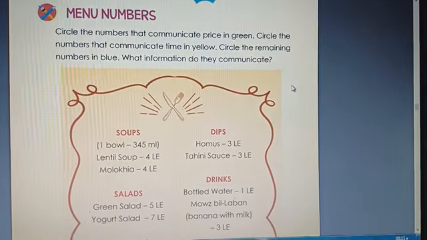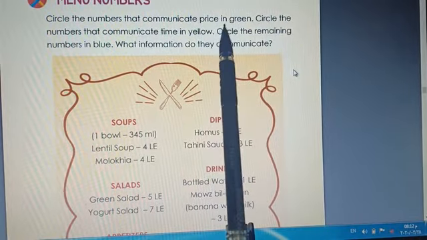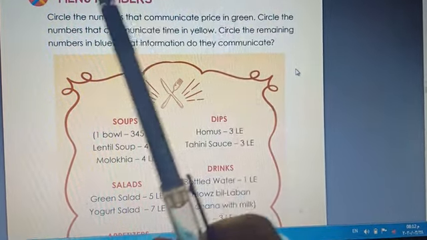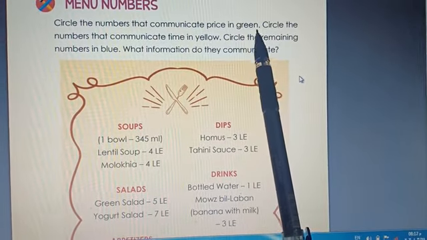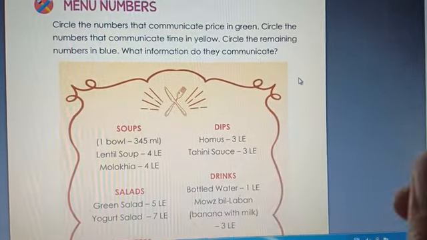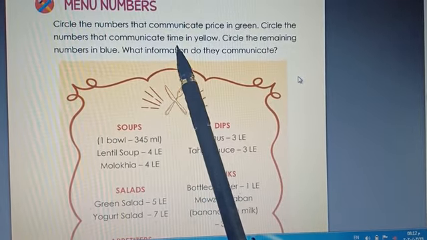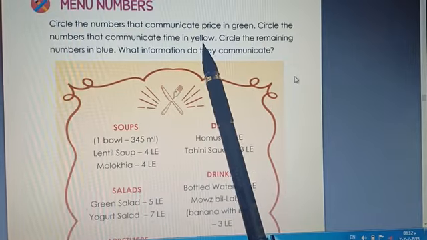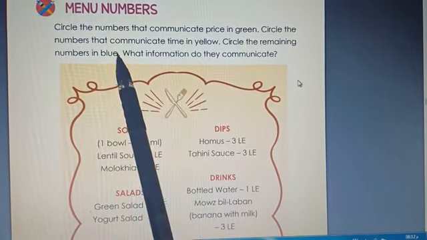This page tells me to circle the numbers that communicate price in green. So if I see a number that gives me the price, I will circle it in green. And if I see a number that tells me time, I will circle it in yellow. Any other number, I will circle it in blue.